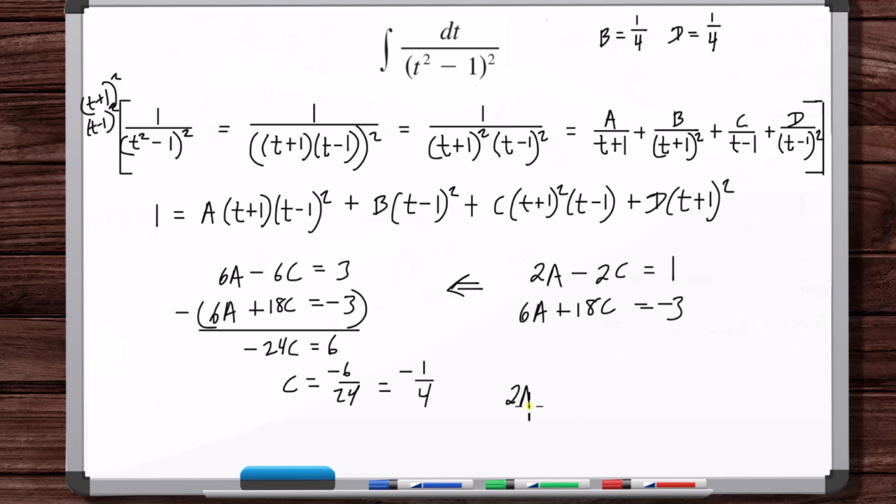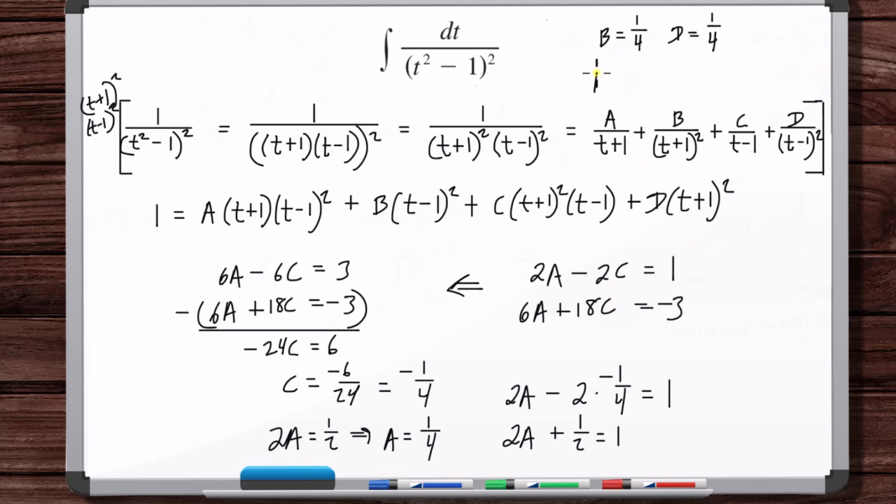Okay, so 2a minus 2 times minus 1/4 is equal to 1. 2a plus 1/2 is equal to 1. 2a is equal to 1/2. A is equal to 1/4. So A is equal to 1/4.